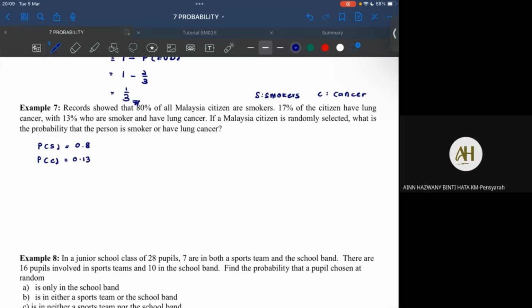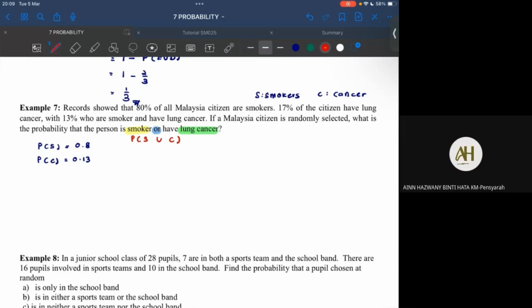Question asks us, what is the probability that the person is smoker or have lung cancer? Okay, ayat dia, smoker or have lung cancer. So what we want to find is basically probability of smoker or cancer, or dekat sini ialah or apa?